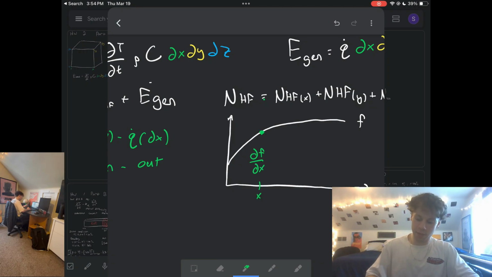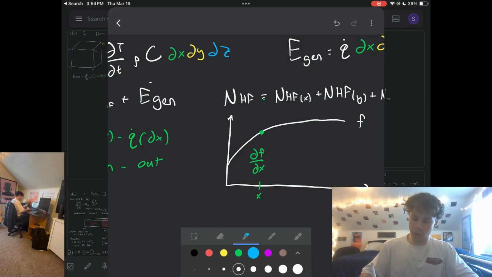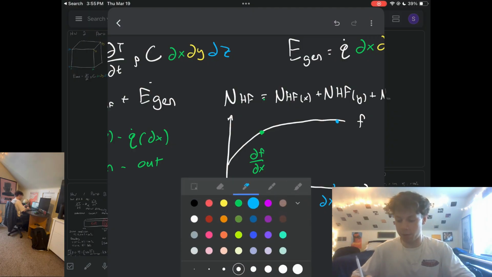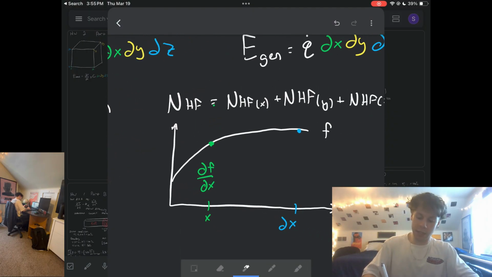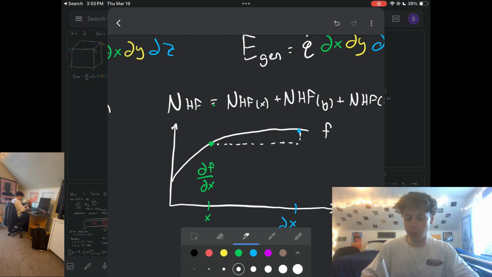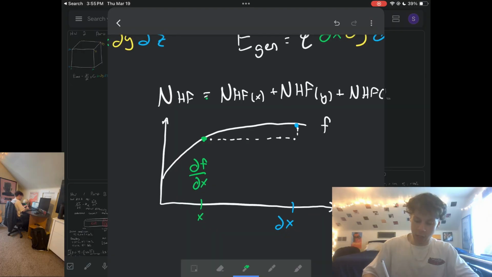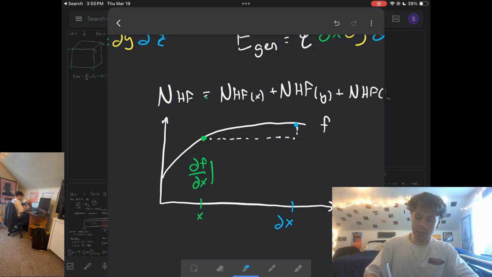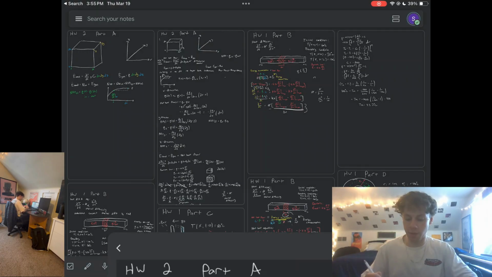If we have another value, we'll call dx here, how can we find the slope of our dx? If we use linearization here, we can evaluate the slope of our dx using the slope of our x, with respect to our dx, equal to that slope of our x.